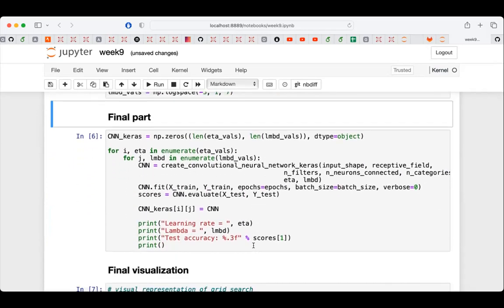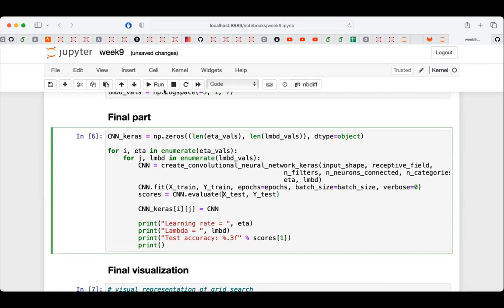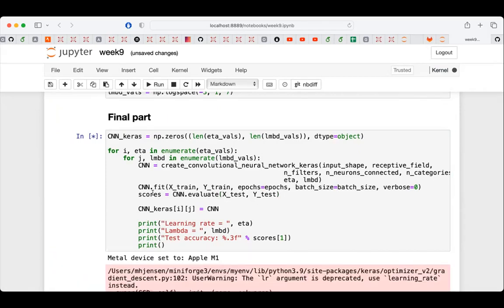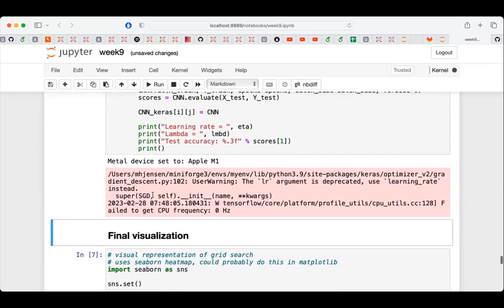My final part, I just run over the hyperparameters and the learning rates. I do the fitting of my convolutional neural network, and then I evaluate the score, which is just the accuracy score. And with that one, I can run the network, and this is actually going to take some time here. So we don't need to wait for that.